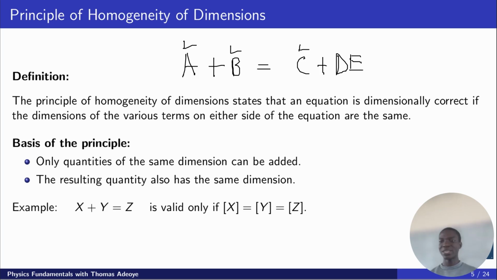Do not make the mistake of saying that there are 5 terms in this equation. No, there are just 4 terms. This is the first term, second, third, and the last one.